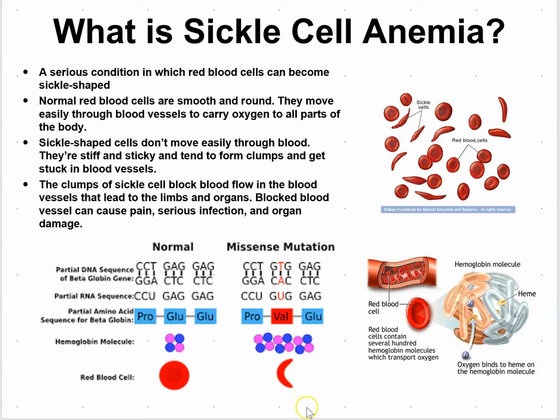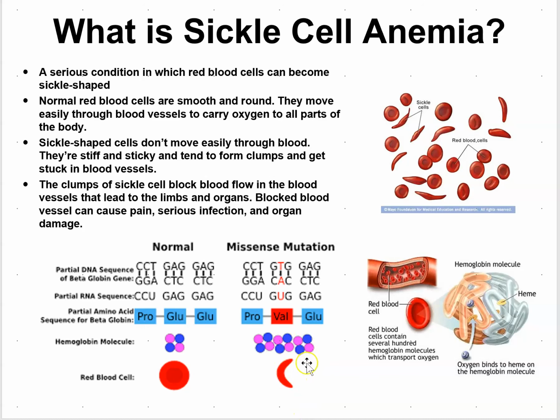It goes away in about 15 days. If it's in the hands and legs, it's not a problem. But imagine having blockage of blood flow in the heart or the brain. People who end up having a blockage due to sickle cell anemia in the heart or brain can die. So they have a very low lifespan if they actually get affected.